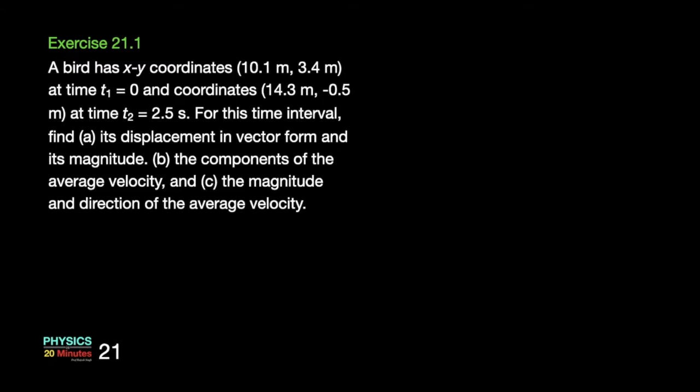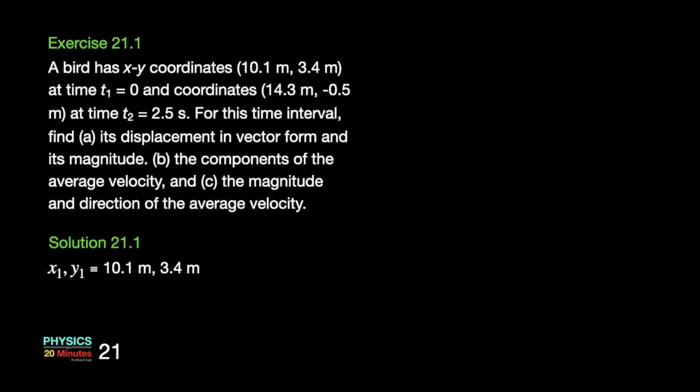For this time interval, find A, its displacement in vector form and its magnitude, B, the components of average velocity, and C, the magnitude and direction of the average velocity. If you want to solve the problem on your own, please proceed. After solving, come back and check the solution.